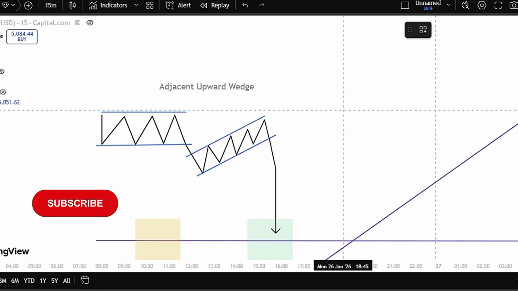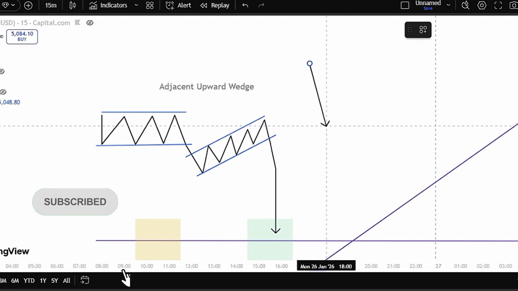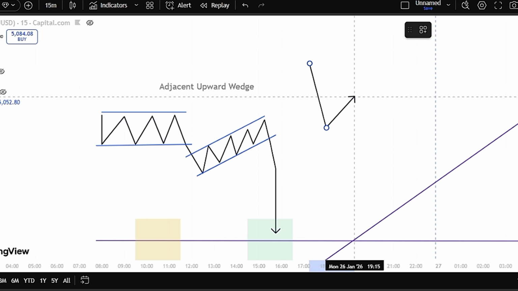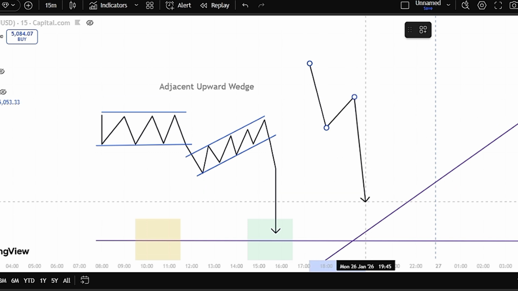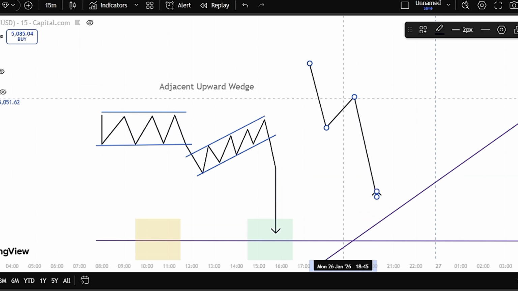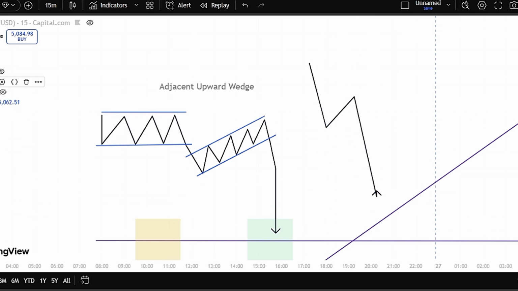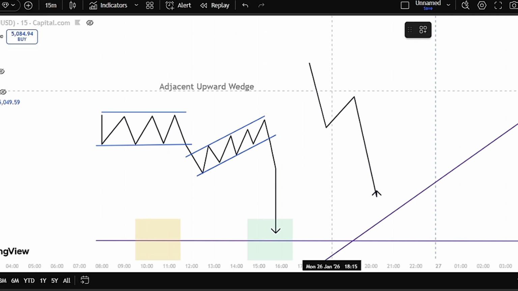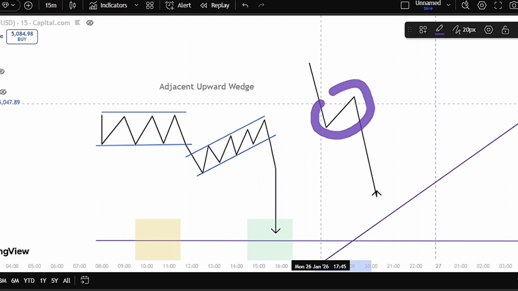Don't get it twisted, it's very simple. You have a chart price action like this, you have this, and it goes down. Now, this is a wedge. The whole of this place is your wedge.